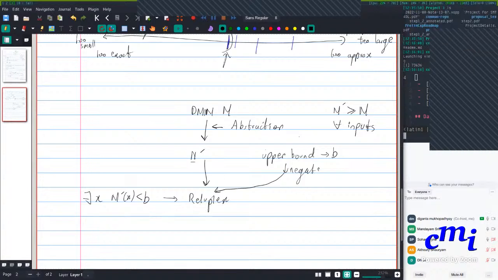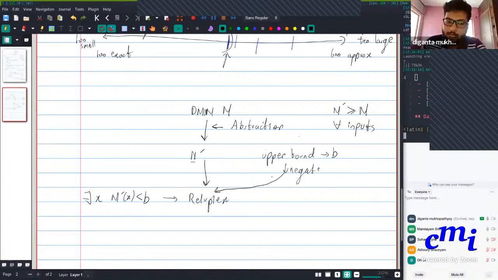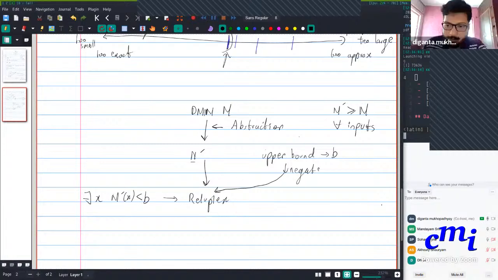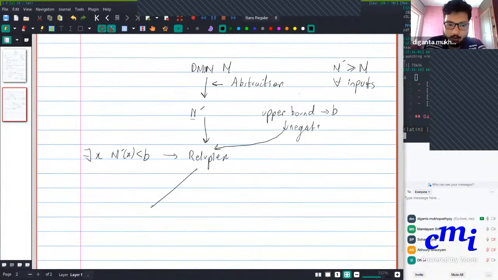So this is what I mean when you say negate the property. You add the constraint that N prime of X should be less than B, and you've also encoded the entire network, so when I say N prime of X, the network is encoded into Reluplex as well. When you ask Reluplex this, it can tell you one of two things. It says no. That means this set of constraints is unsatisfiable.